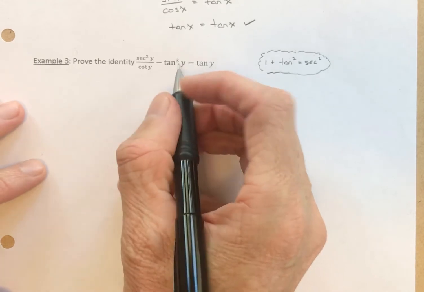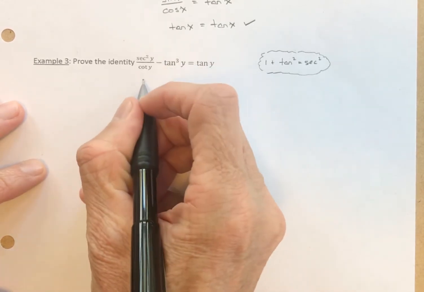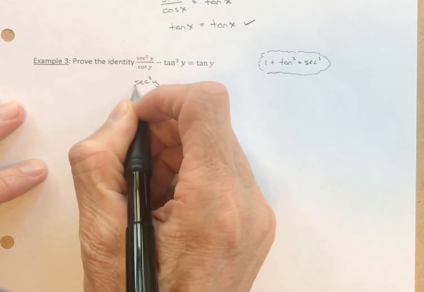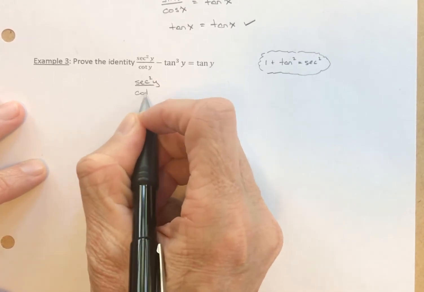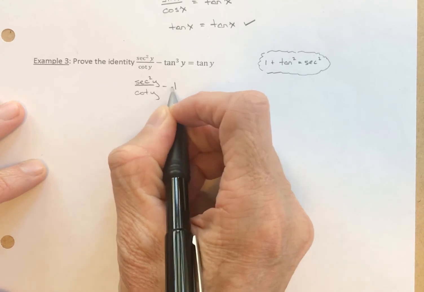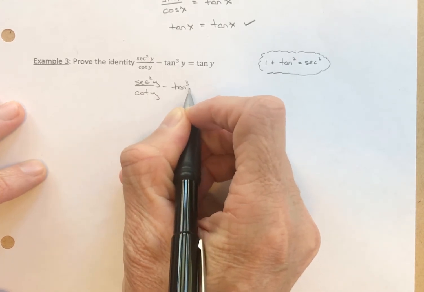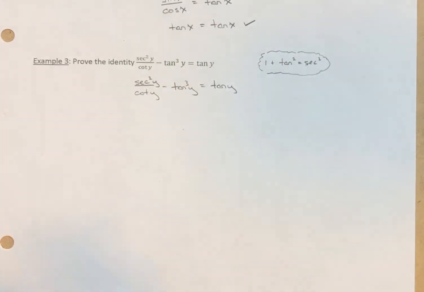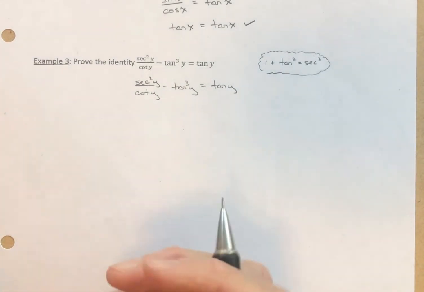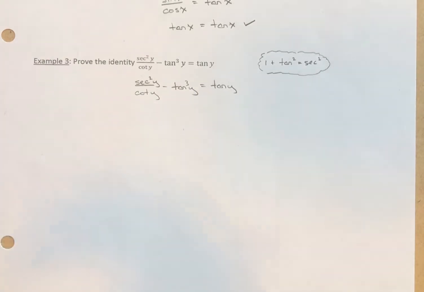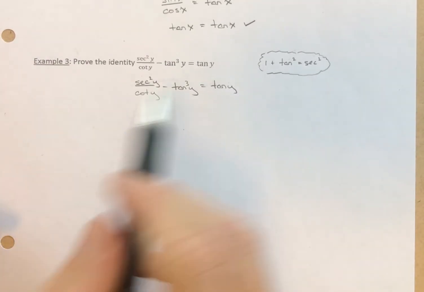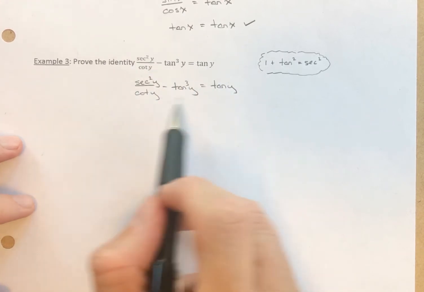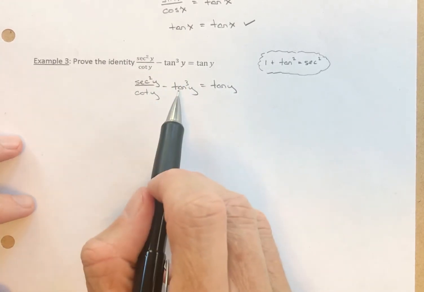First, let's write it down in my own handwriting. The secant of y squared divided by the cotangent of y minus the tangent of y cubed equals the tangent of y. Well, I'm going to break a couple of generalities here. I'm not going to rewrite as sines and cosines, and I'm not simply going to manipulate this left side.